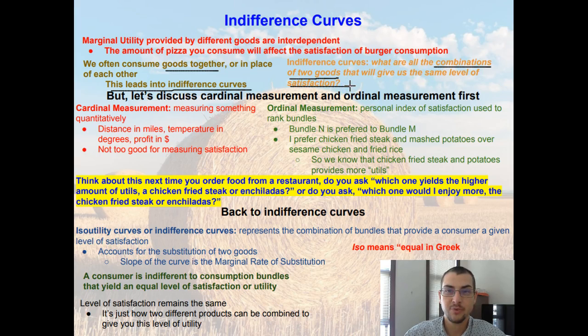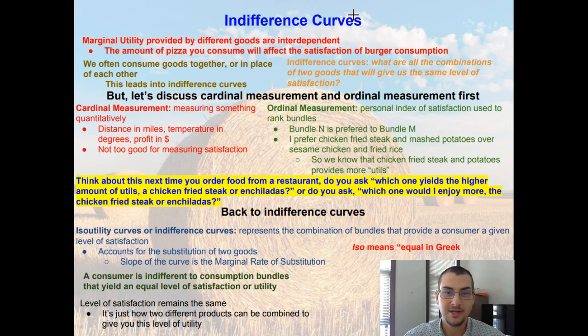If we eat one slice of pizza and 5 hamburgers, or 2 slices of pizza and 2 hamburgers, what if both of those combinations give us the same amount of satisfaction? So we're going to look at all of those combinations of two goods that give us the same level of satisfaction. That's what we're going to be leading into with the indifference curves.